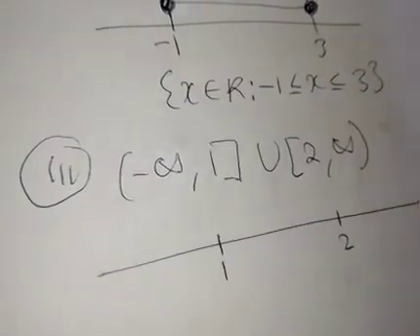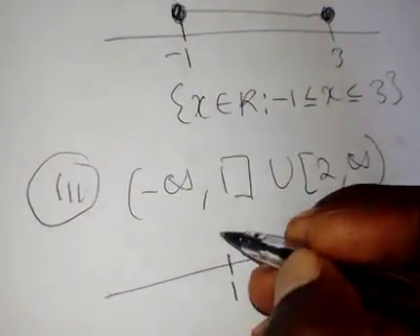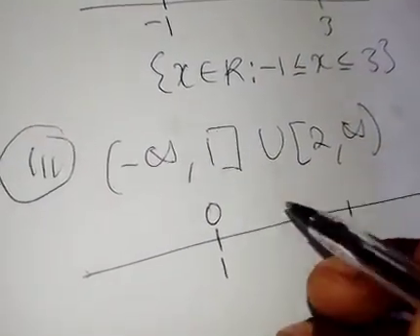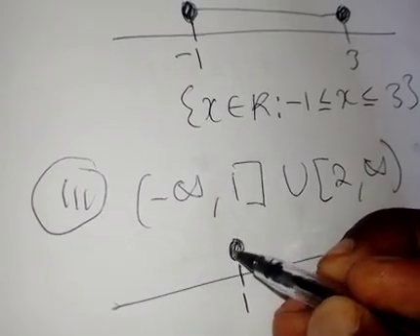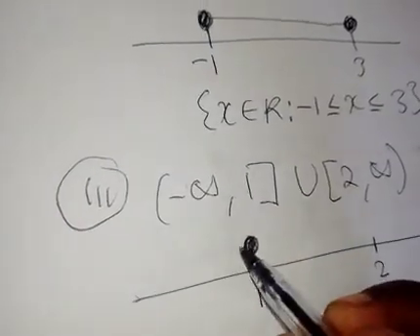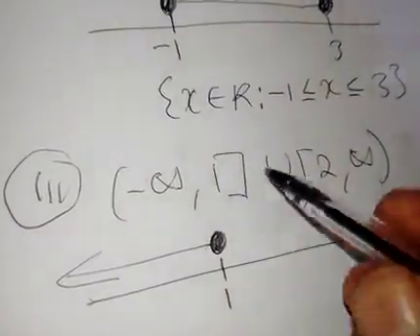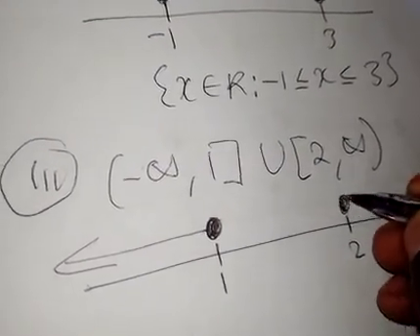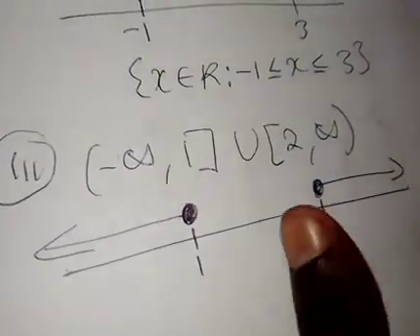So 1 and 2. Okay. Then on top of 1, after 1 we have a square bracket. So we shade it. Then negative infinity, it's this side, like that. Then for this one, on top of 2, again it's shaded. You go to the right, like that.